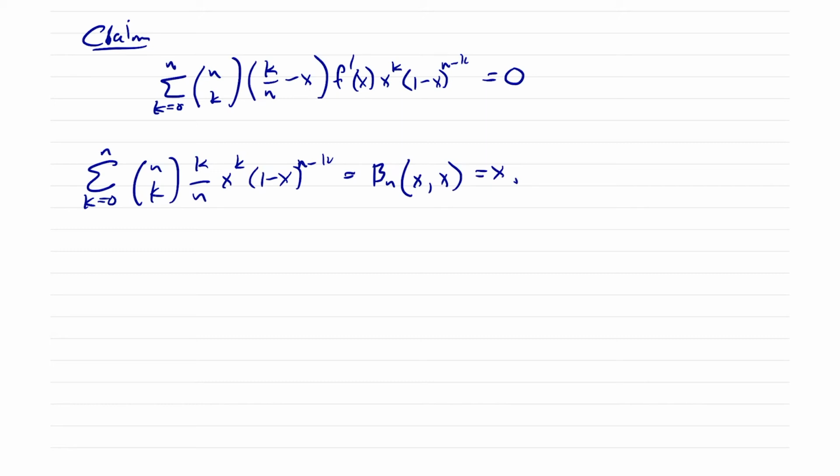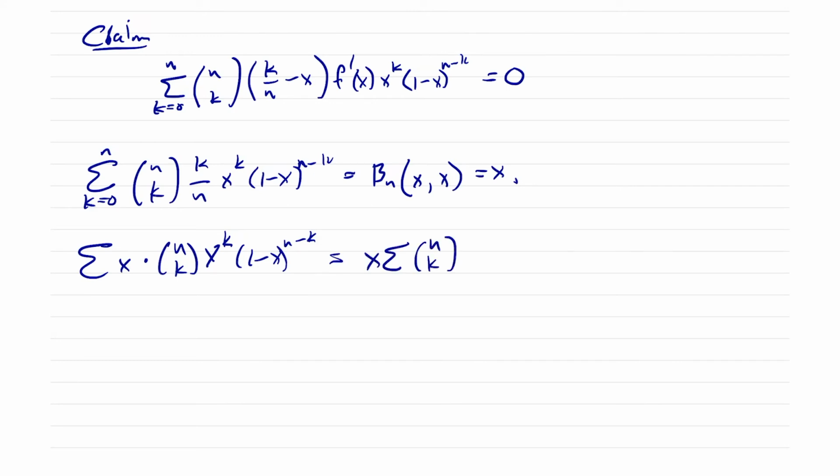All right. On the other hand, if we take a look at the sum of x times f prime of x times n choose k of x to the k, 1 minus x to the n minus k, we can actually factor out x here.